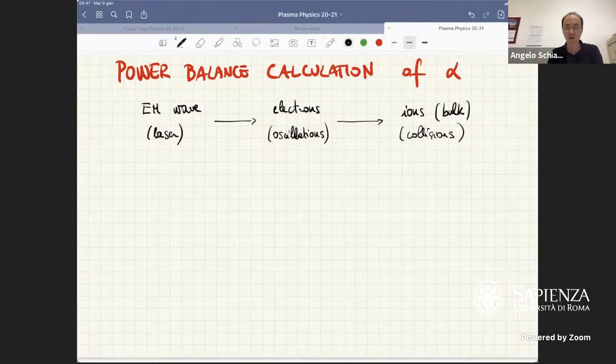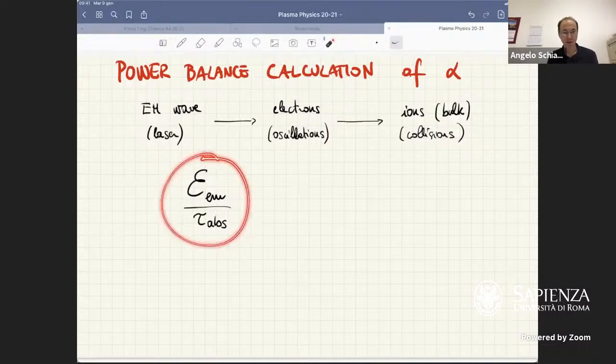So locally, what we could state is that we define capital E, the electromagnetic energy density of the wave, divided by the characteristic time for absorption of the wave, tau abs. This is a power density. So we have a characteristic energy density divided by a characteristic time for energy absorption.